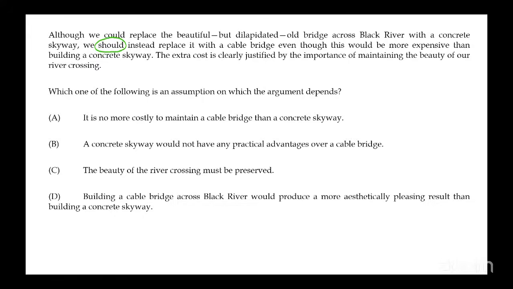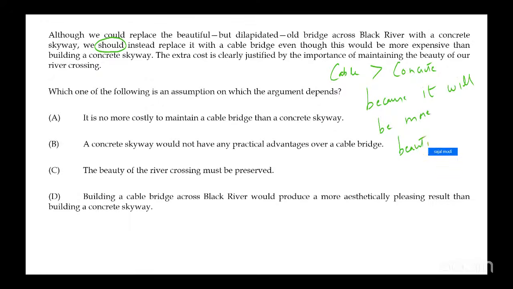The extra cost is clearly justified by the importance of maintaining the beauty of a river crossing, right? So we should opt for a cable bridge over a concrete bridge because it will be more beautiful.